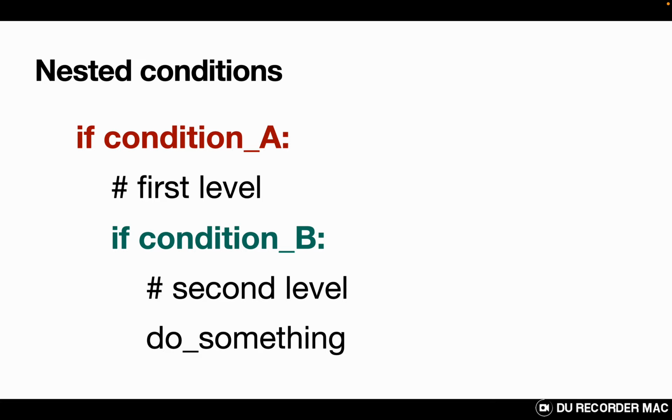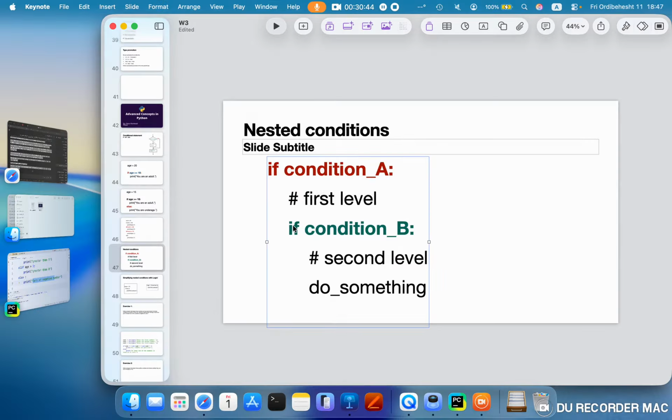We are here, nested conditions. Sometimes we need our program to make decisions in several steps, one inside another. This is called nested conditions. It means having one if statement placed inside another if statement.